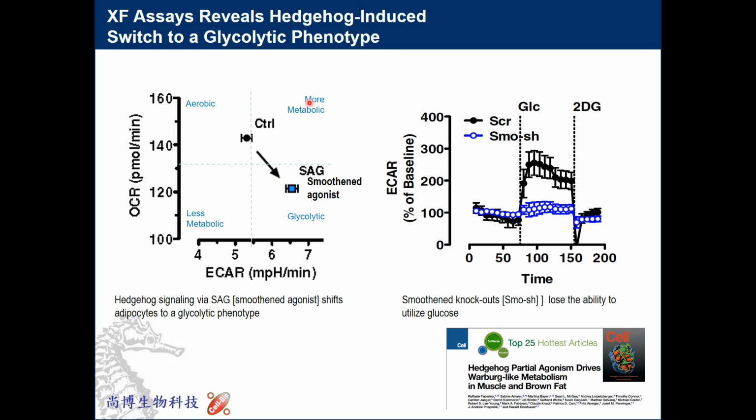So we can see this dot plot. The x-axis is ECA, the y-axis is OCA. You can see in this paper, they researched the hedgehog signal pathway. As this hedgehog signal pathway is activated, in vitro and in vivo you will find a lot of cancer happen.